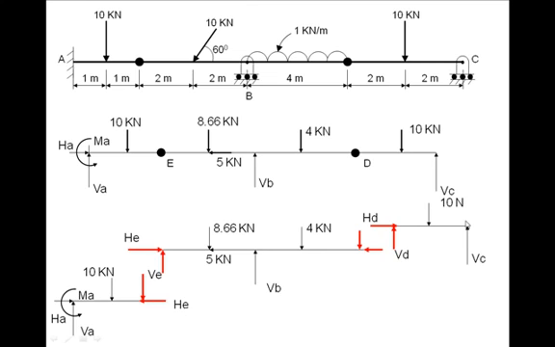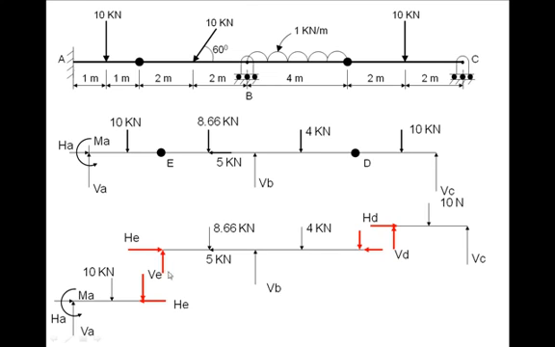this cantilevered beam with HA, VA, MA, and then this VE and HE are applied to this. Now if we start solving from the right end where there are three unknowns, HD, VD, VC, then we can work out HD, VD, VC by equilibrium equations. These HD, VD in the opposite direction can be used on these beams. These two being known, we will now know HE, VE and VB by applying equilibrium equations for this central beam.